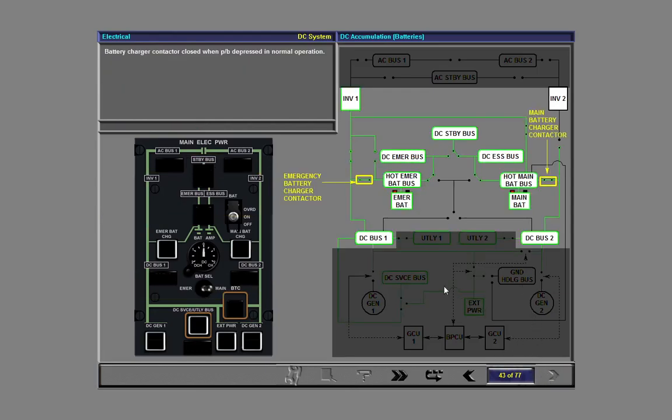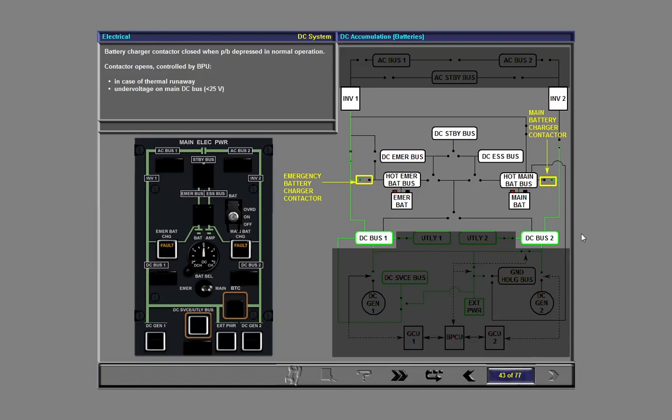The battery charger contactor is closed when the battery charger push button is on in normal operation. The contactor opens automatically, controlled by the BPU, if there is a thermal runaway, if there is an undervoltage on the main DC bus and the voltage falls below 25 volts, during an engine start sequence, or when there is an override signal from the battery switch.